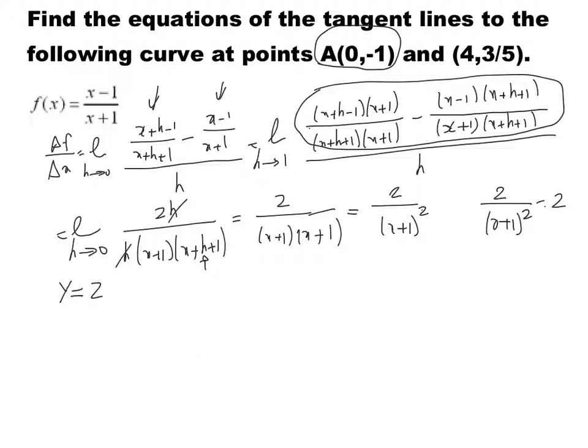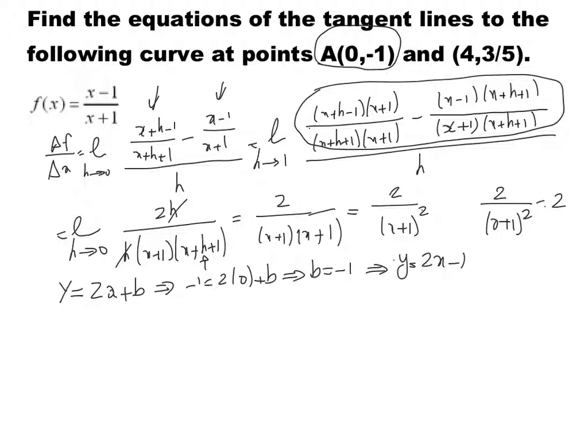So it becomes 2x plus b. But since it also goes through the point A, it has to satisfy point A. So we can write that negative 1 is equal to 2 times 0 plus b. So b is equal to negative 1. So from here I get y is 2x minus 1.